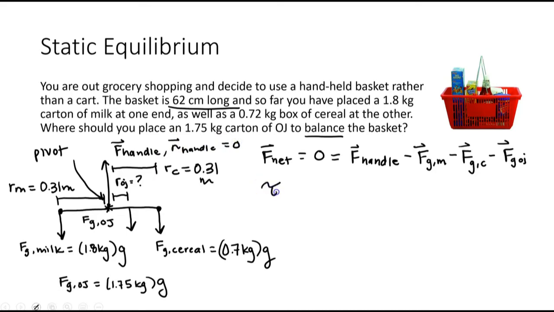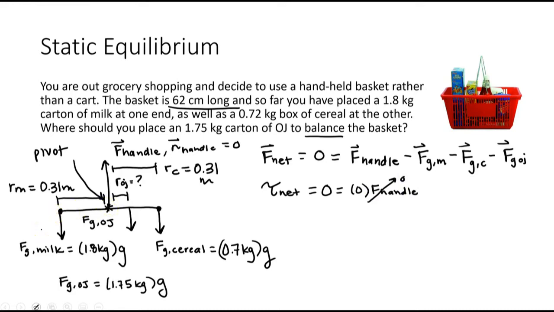All right, so now let's go ahead and define the sum of the torques here, tau net. The sum of torques has to be equal to 0, and it's equal to the sum of the torques acting on the basket. So first of all, we get 0 times the force of the handle, so that would be the torque due to the handle. And so that whole first term is 0. All right, next let's think about the torque due to the milk.